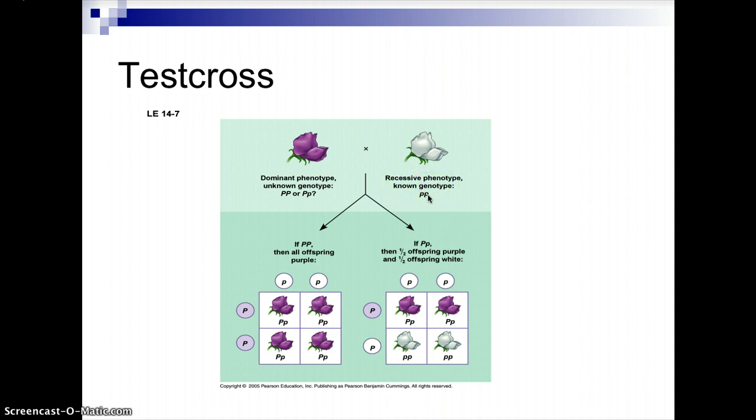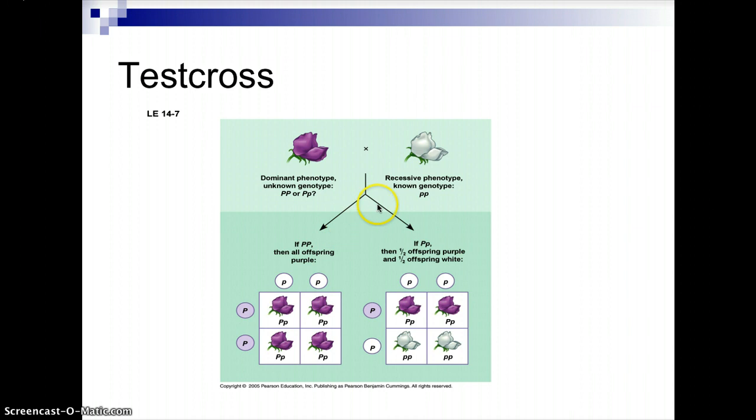And therefore we know that the genotype of that parent will be little p, little p. So if it's big P big P, then all the offspring would be purple. So you'd be crossing a big P big P with the other flower being little p little p. We'd have all heterozygous genotypes there, and all the phenotypes expressed would be purple.